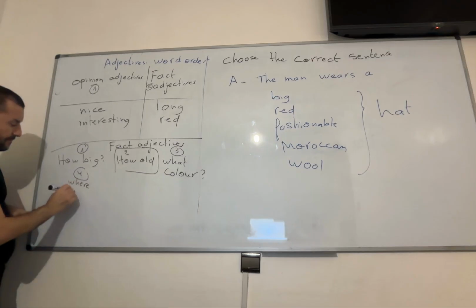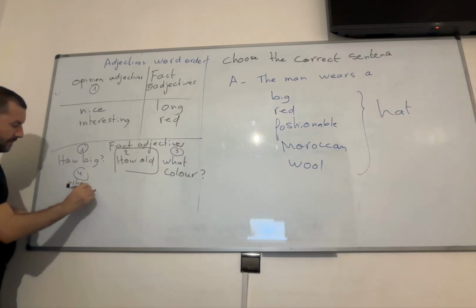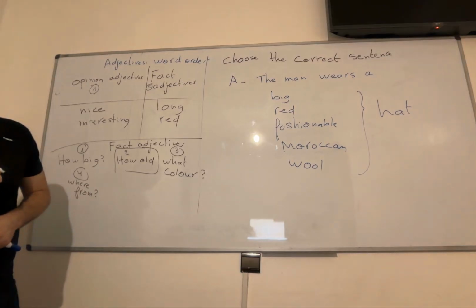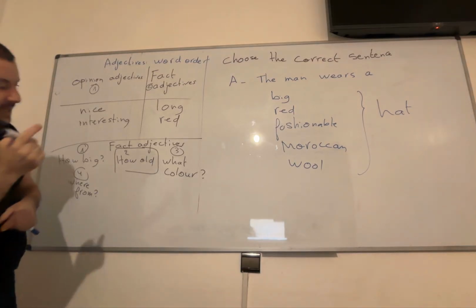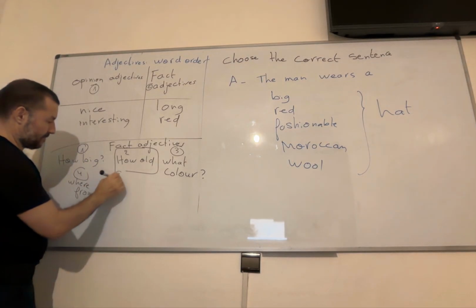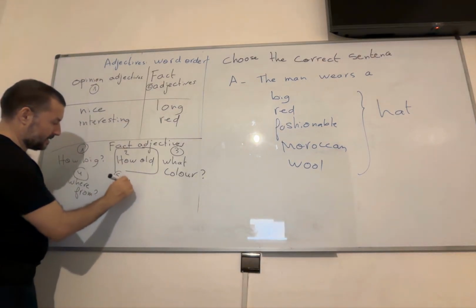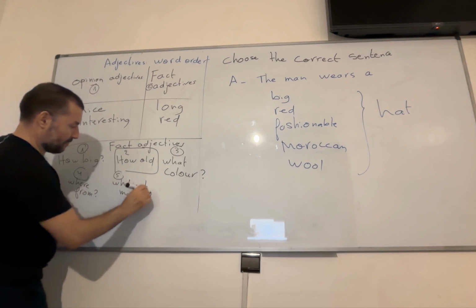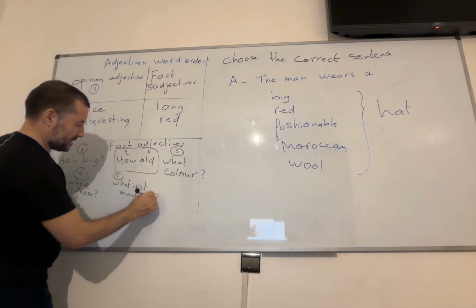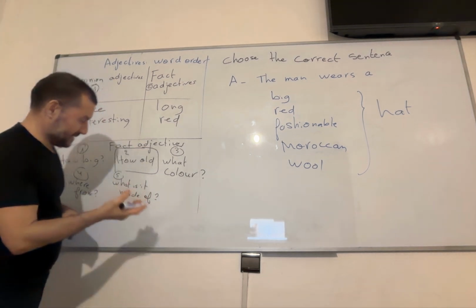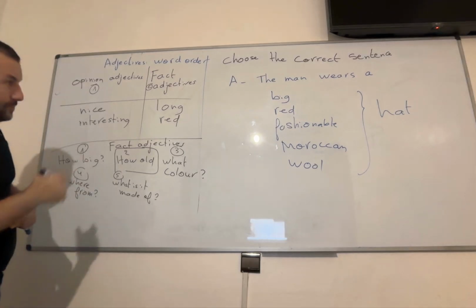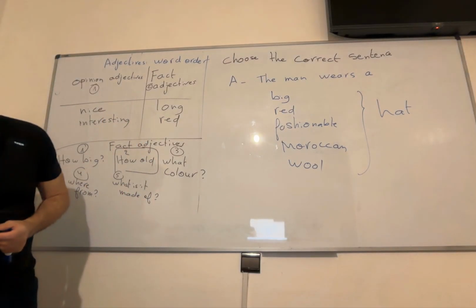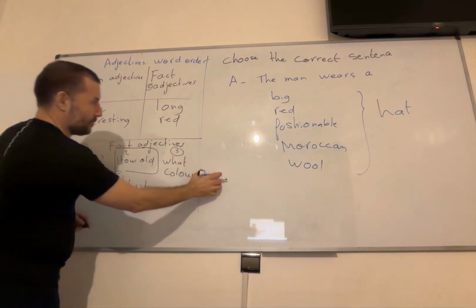Number five, what is it made of? That is to say the material, from wool or wood, etc. And then plus noun.